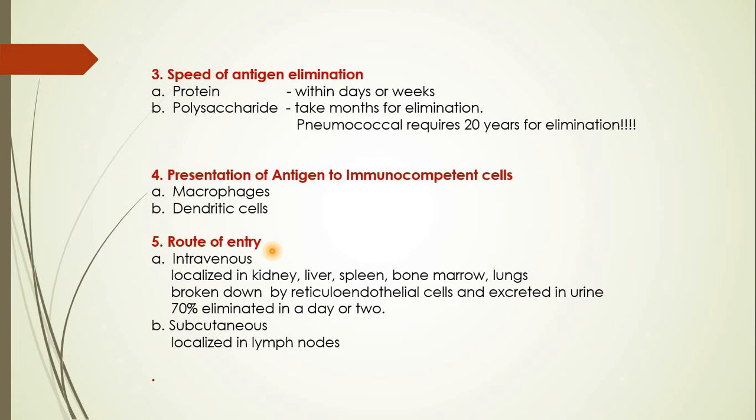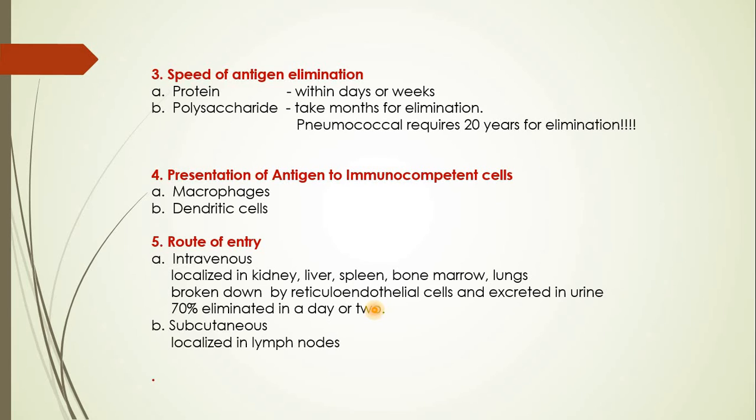Say for example, when antigens are introduced intravenously, they are localized in the kidney, liver, spleen, bone marrow or lungs, right? These are broken down by reticuloendothelial cells and are excreted in the urine.